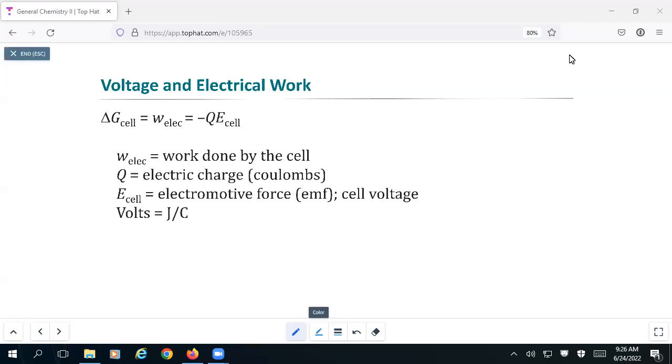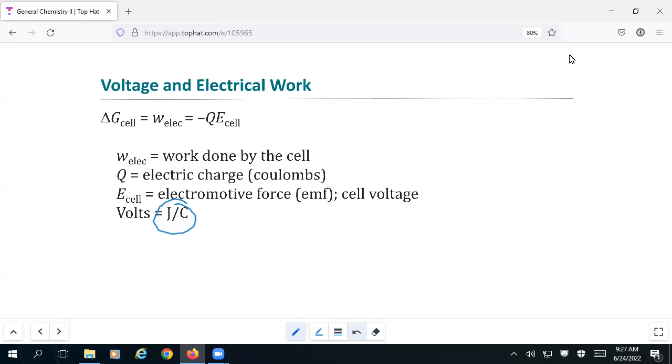And the reason why that works is because the volt is a combination unit of joules, the standard unit of energy, and coulombs, the standard unit for charge. And so volts are joules per coulomb. So if I multiply my volts by the number of coulombs of electric charge that are being transferred, I would get the amount of work or the free energy.